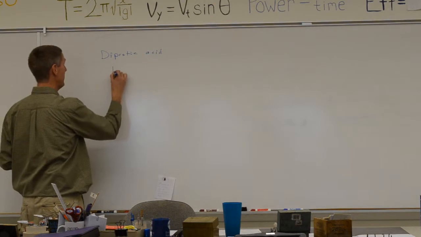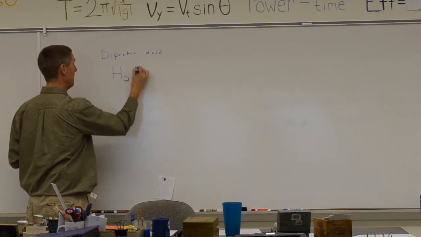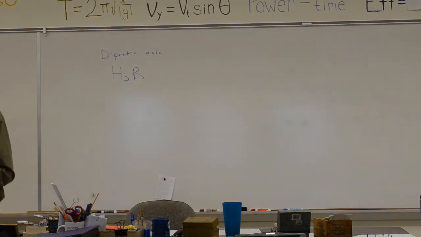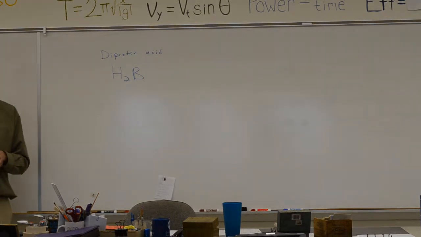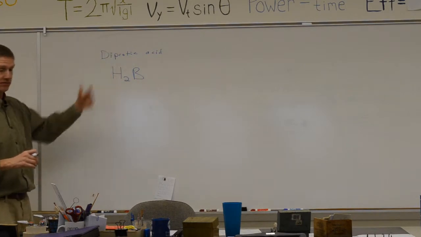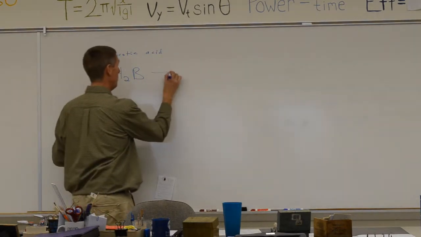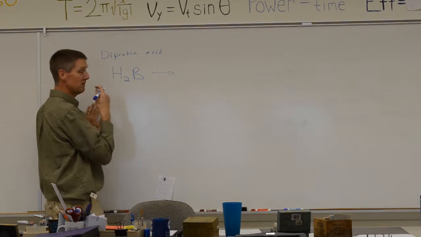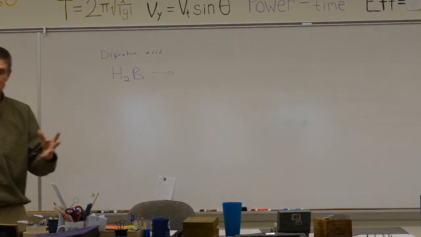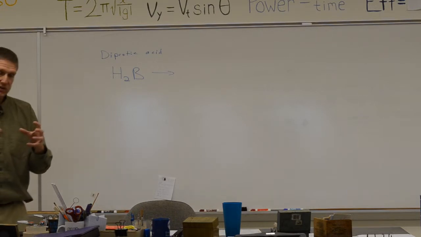I'm going to start off with a molecule that I'm going to call a generic diprotic acid, and that generic diprotic acid is H2B, okay? H2B. And this doesn't stand for boron. I guess I could use another variable. But anyway, we've got to think about the collision theory, and what's really going on with our particles when things actually happen.